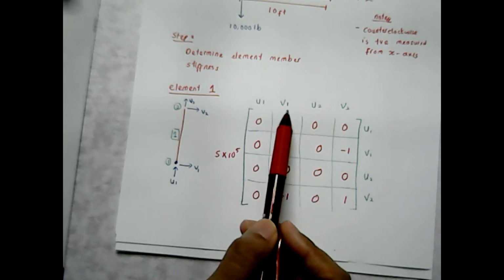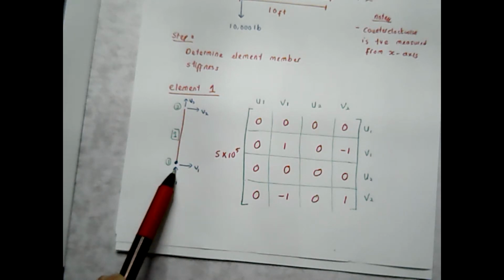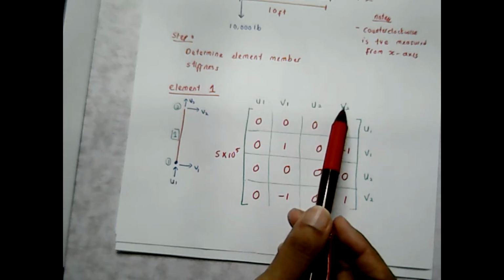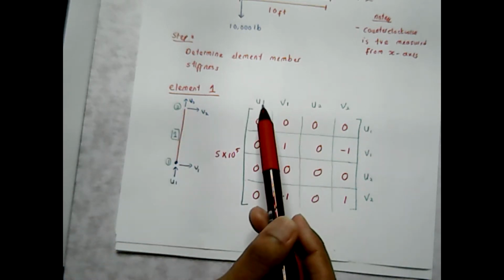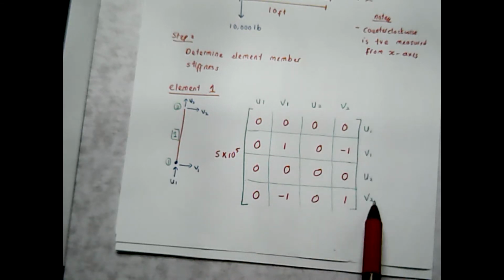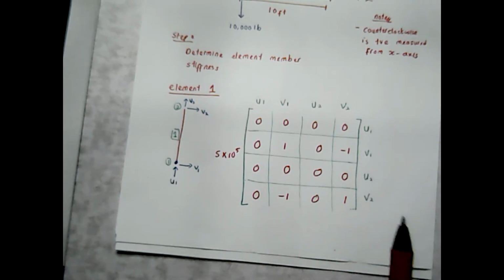Why do you have u1, v1, u2, v2? Because here are the nodes, and here are the degrees of freedom of your element. And this one is also symmetric, u1, v1, u2 and v2.